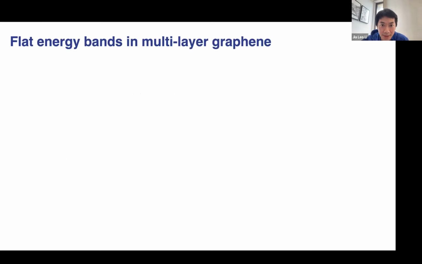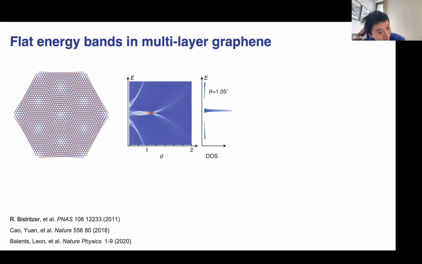So the system that we're going to focus on for flat energy band is multilayer graphene. There has been a lot of development in the last several years. Multilayer graphene mostly falls into two big categories. One of them is taking different types of graphene crystals and introducing a twist.